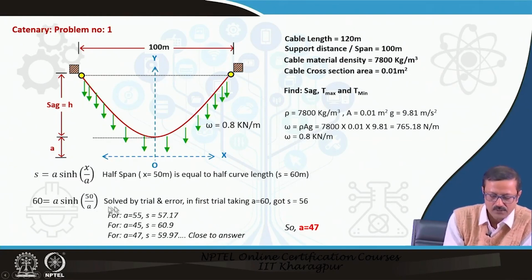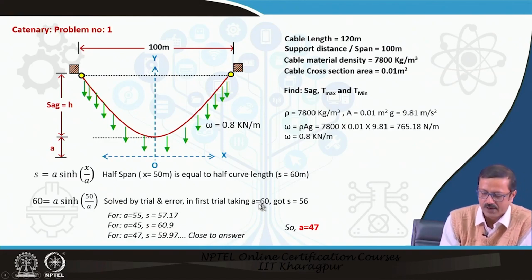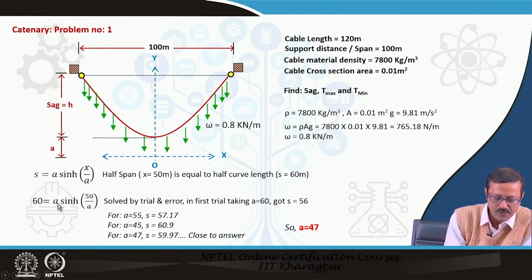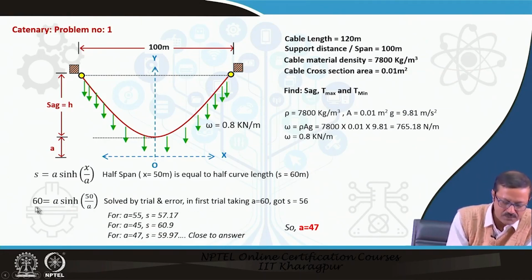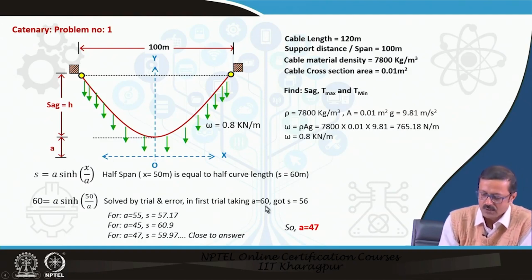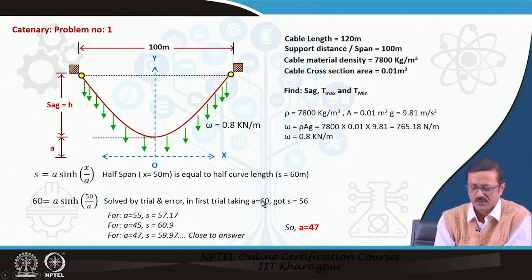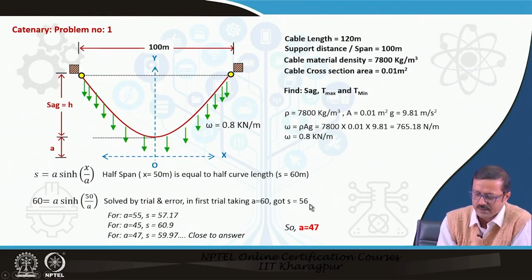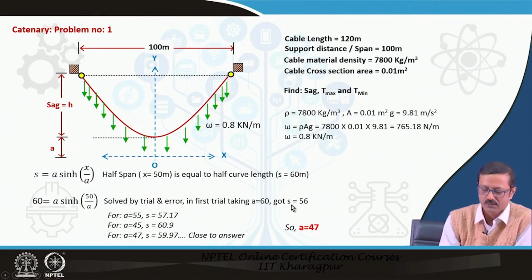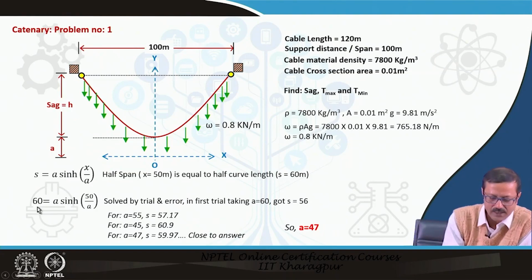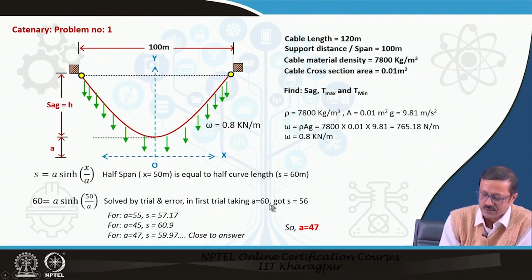Now we have to solve this particular equation by hit and trial method. That means you put in some values of a and just try whether it is coming to 60 or not. Starting point, I got an S value of 56. I have to use the calculator for that, and 56 is not 60, so I have to change a.